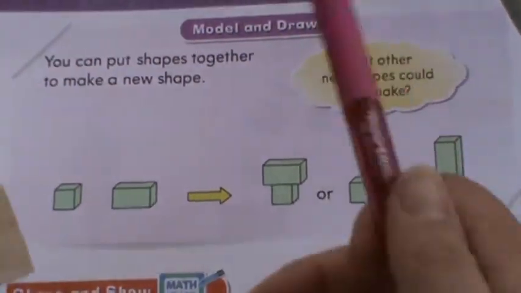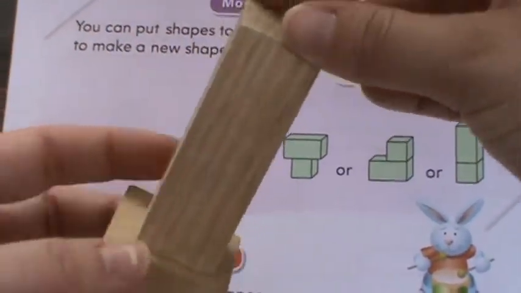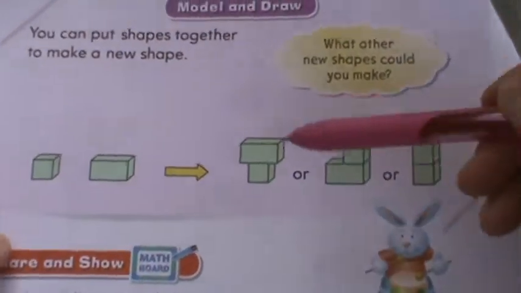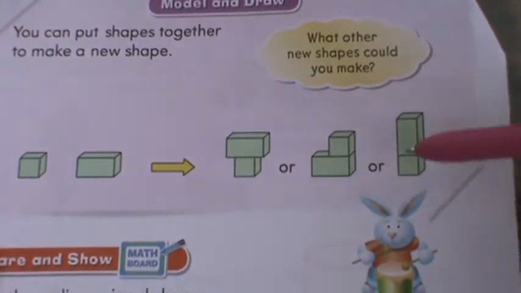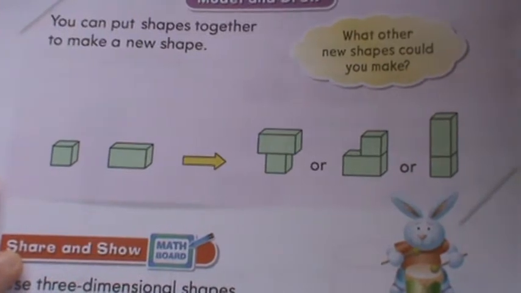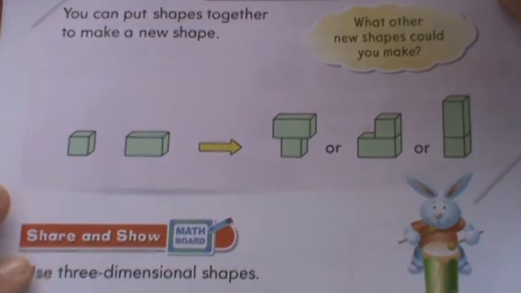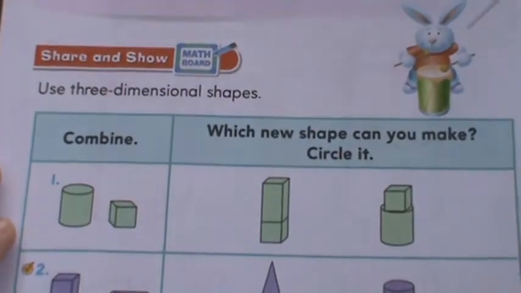And you can build and make different kinds of shapes. You could get a rectangular prism like this and stack it, and you can make all kinds of new shapes. So this is like blocks when you're playing in the block center or something like that, with Legos. All of those would be great for practicing with the different cubes and rectangular prisms.